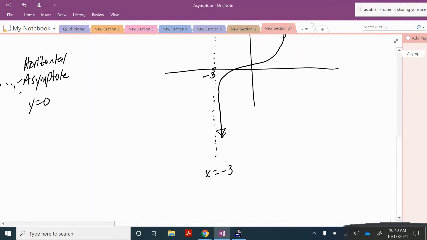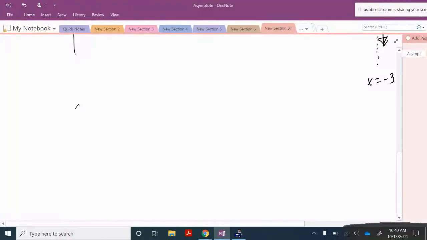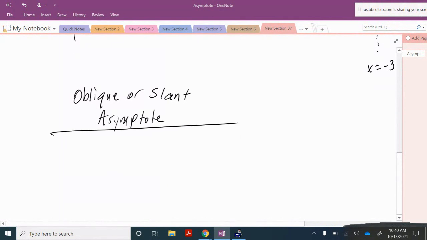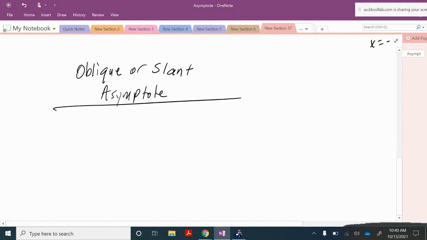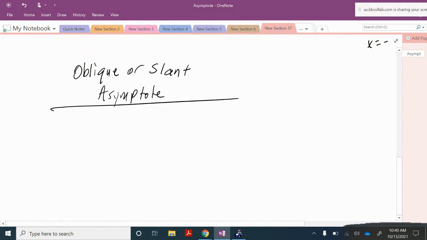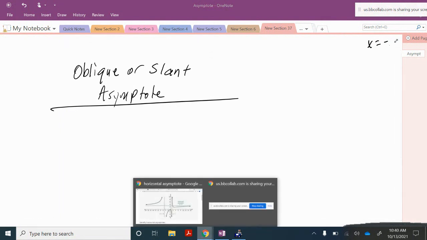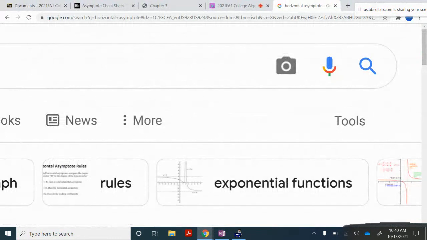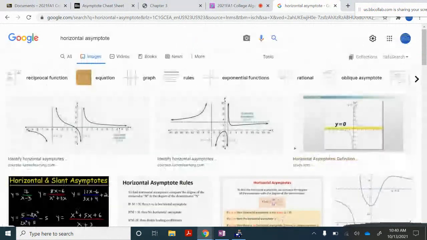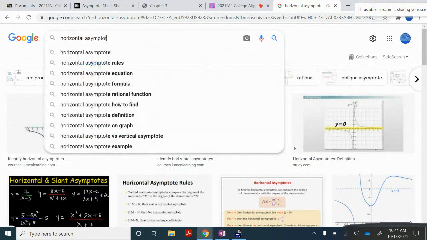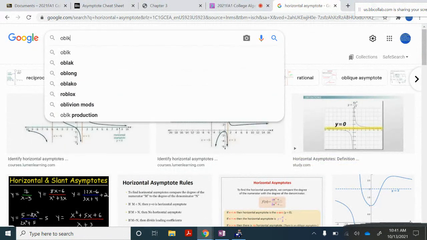And next we're going to look at something called an oblique asymptote, or sometimes you may see it in textbooks as a slant asymptote. It's a slanted line or an oblique line that your graph will come close to but never actually touch. So I'm just going to do another search, and this time I'm going to put in oblique asymptote.